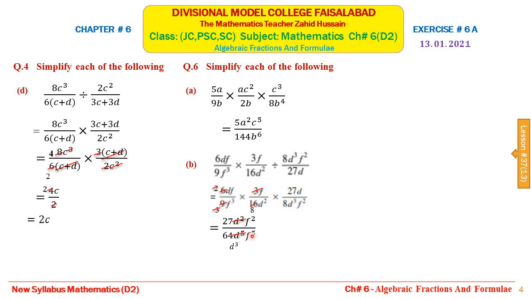Again the power of f is larger in the denominator, so we will subtract 2 from 5 and we will get f to the power 3. So our final answer will be 27 in the numerator only and 64 d3 f3 in the denominator. This is the final answer.